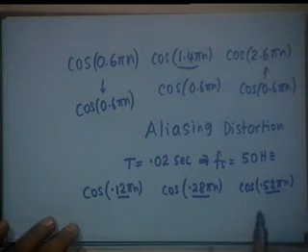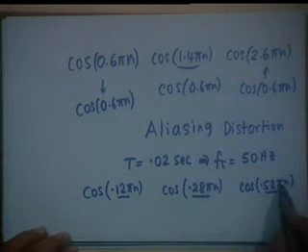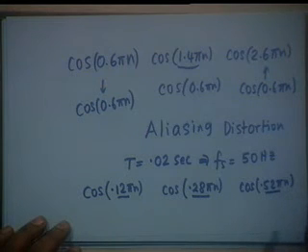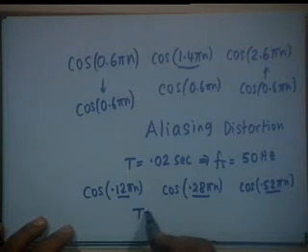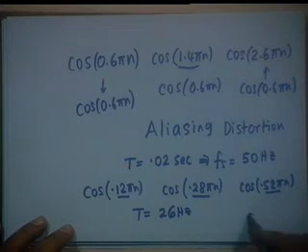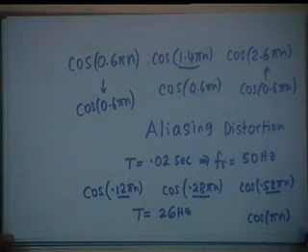What is the lowest sampling frequency which shall make the highest frequency omega 0 equal to pi? Obviously 1 by 26 Hertz. That is, capital T equal to 1 by 26 will make the last signal as cosine of pi n, right? And this essentially is the sampling theorem.